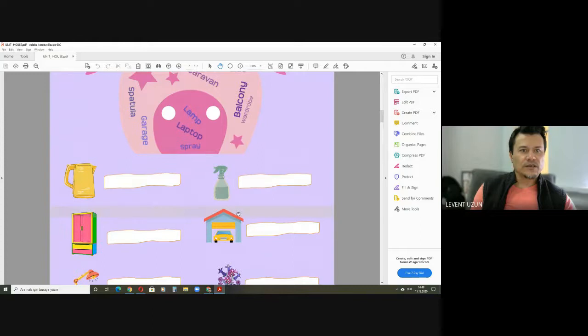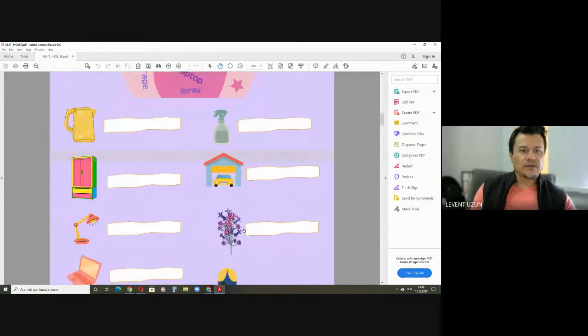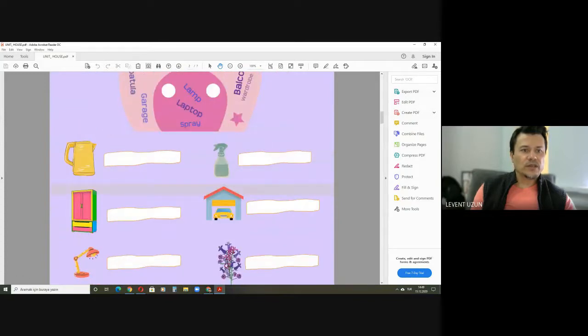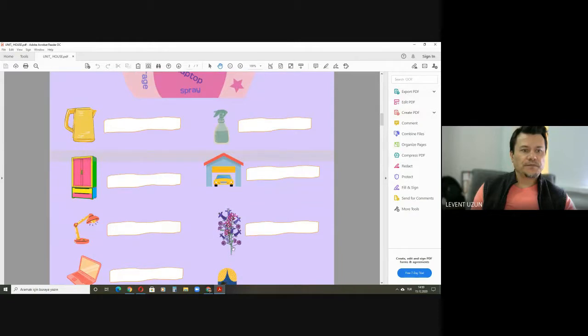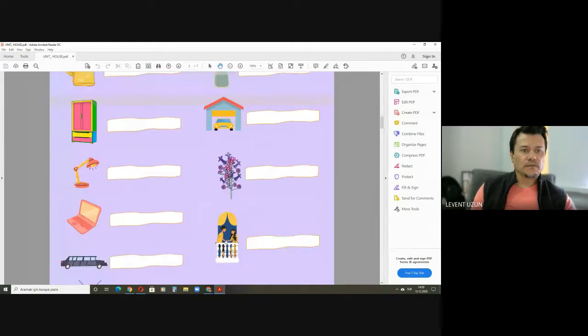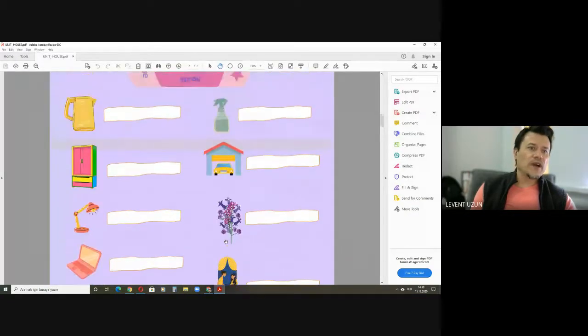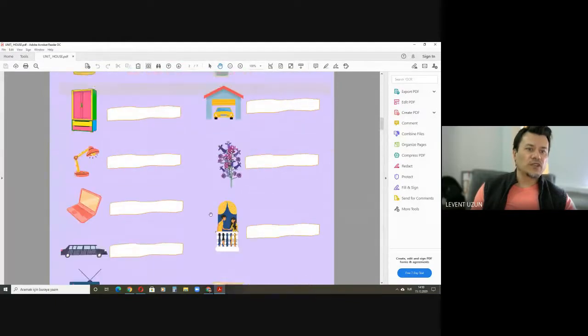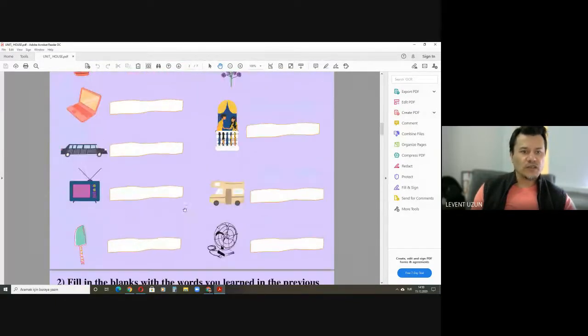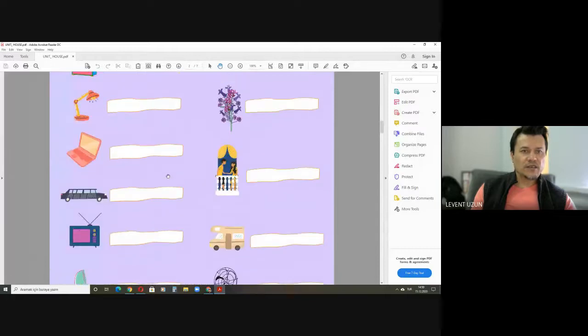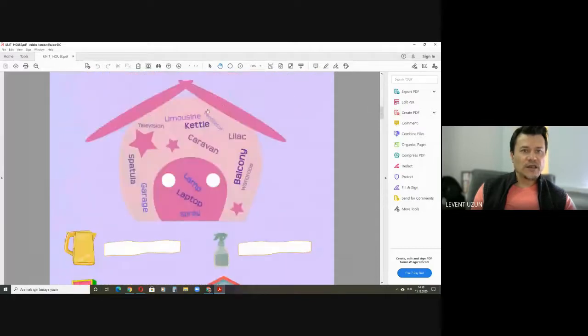Good. Garage. Lamp. What about this one? Lilac. Maybe we can find a better picture for this one and for this one, but generally we can say that these visuals help us to learn the correct spelling of these words, to write them here.